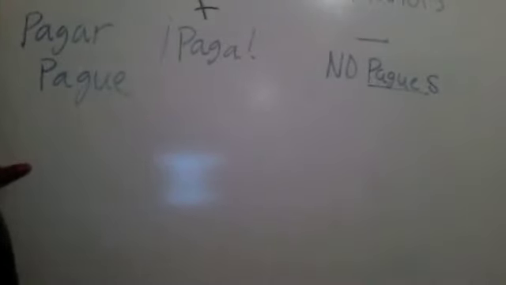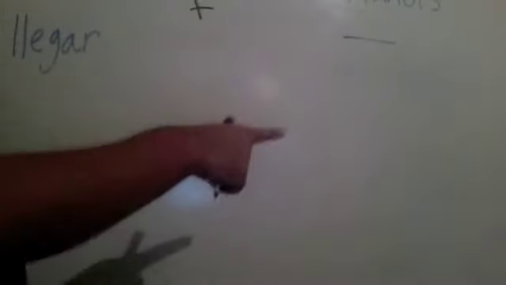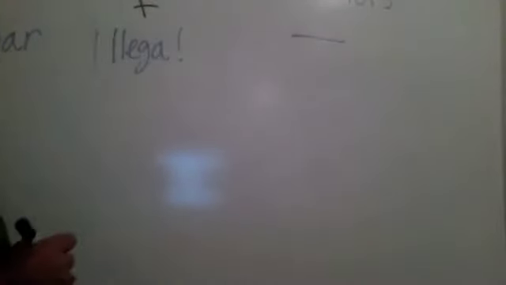Okay, let's do another one. What about the verb to arrive? Llegar. It's a GAR verb. So yo llego, tú llegas, él llega. There's your command. You're telling your friend, llega a tiempo, arrive on time. You're going to go see a movie and you know your friend is always late.